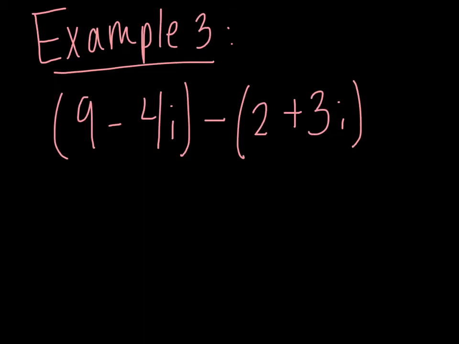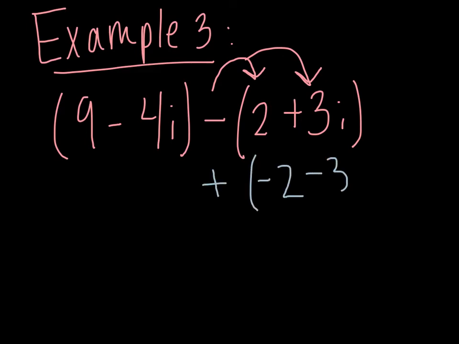Our next one is another subtraction. So we must do the same thing, distribute the negative to both sides there. Now we're going to have plus -2 minus 3i. The 9 minus 4i will remain the same.